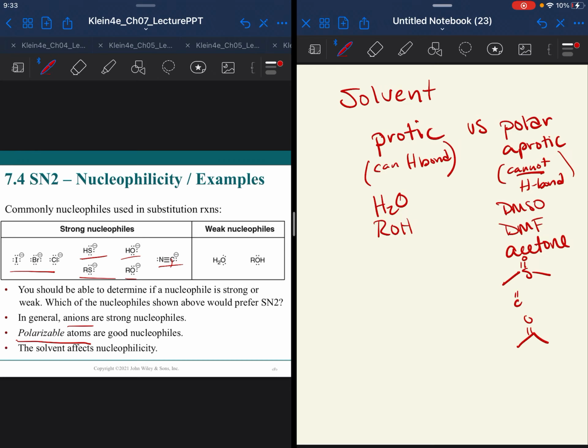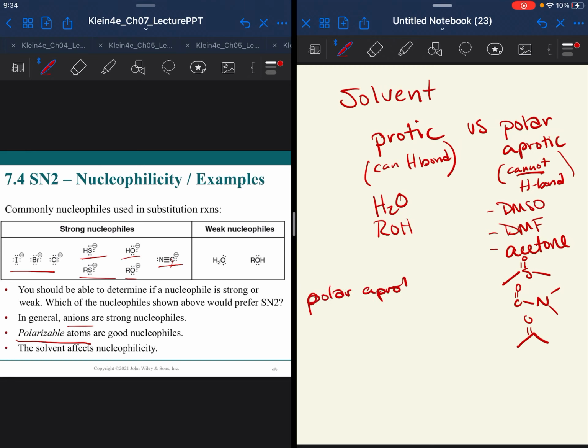And so it is a carbonyl attached to an amine. Now, you don't need to know the structures, but you need to know these 3 acronyms or names. DMSO, DMF, and acetone. Why is this important?